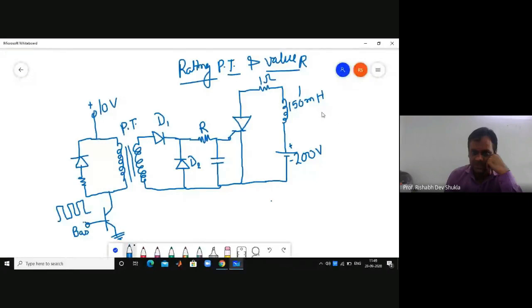Ig max is given, these data are given in the question. Ig max is equal to 150 milliampere. IL, load current, is flowing here. IL is given as 250 milliampere.